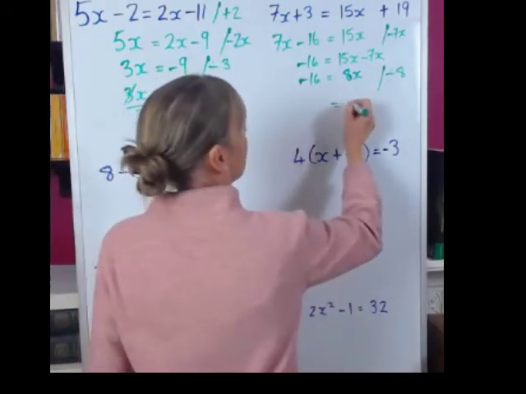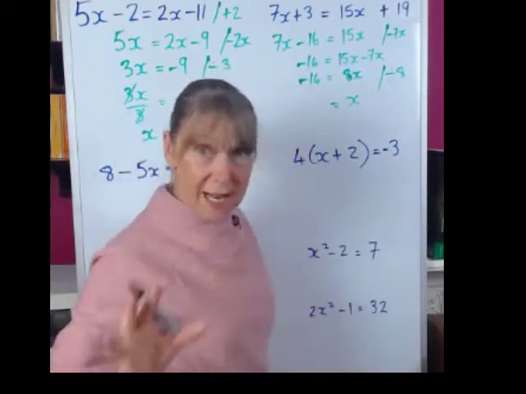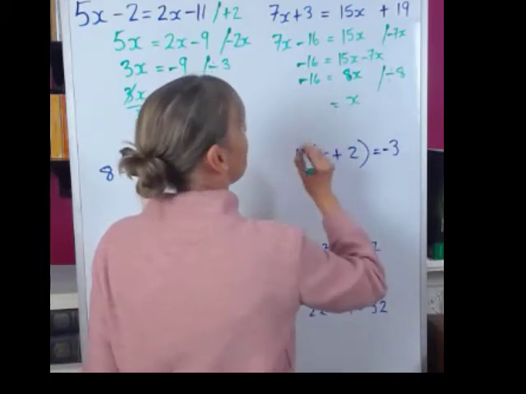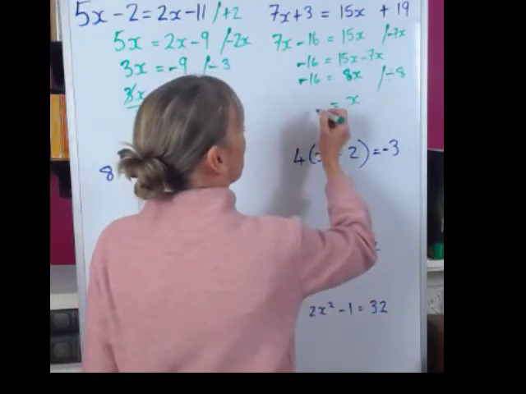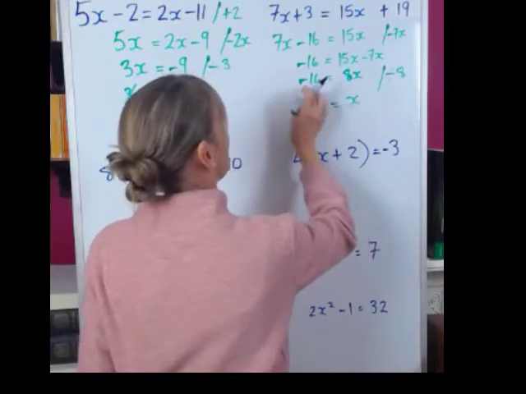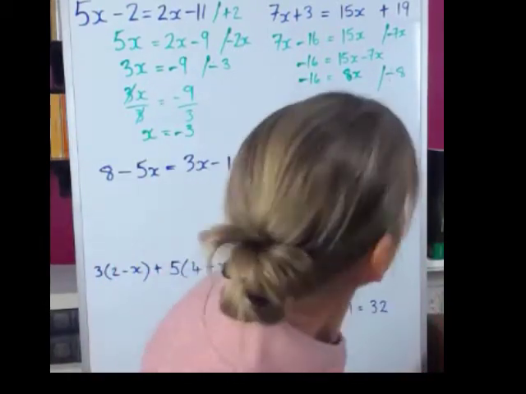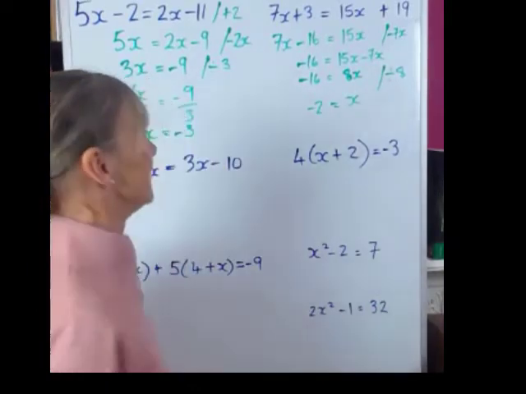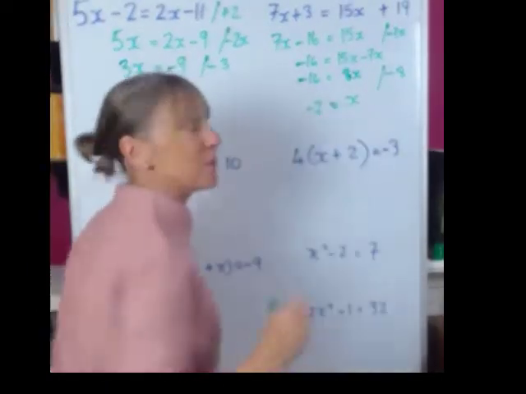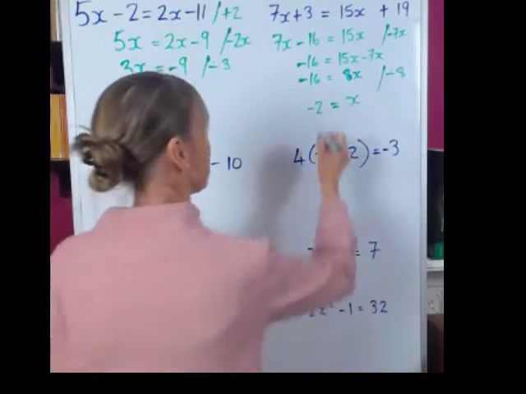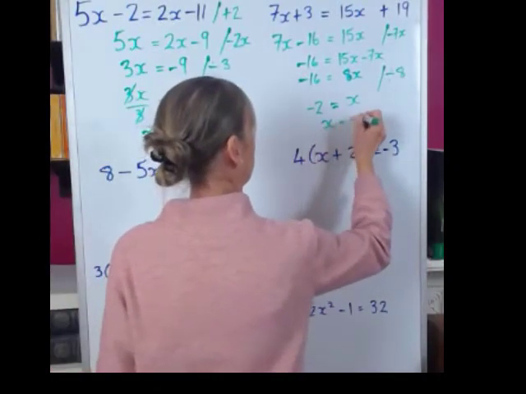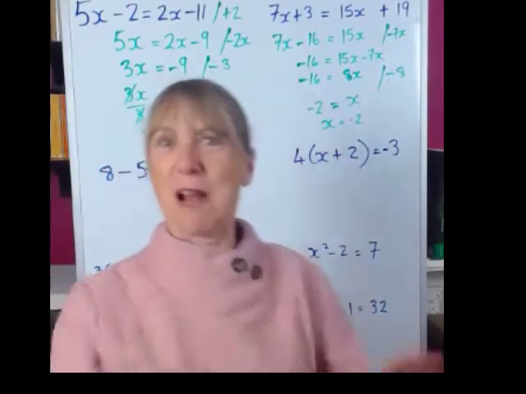So that's going to give us a single x, great, and minus 16 divided by 8 is minus 2. Just notice that my pen is dripping a little bit. All right, and of course us mathematicians, we don't like to have x on the right side, so we usually switch it around, it doesn't matter.